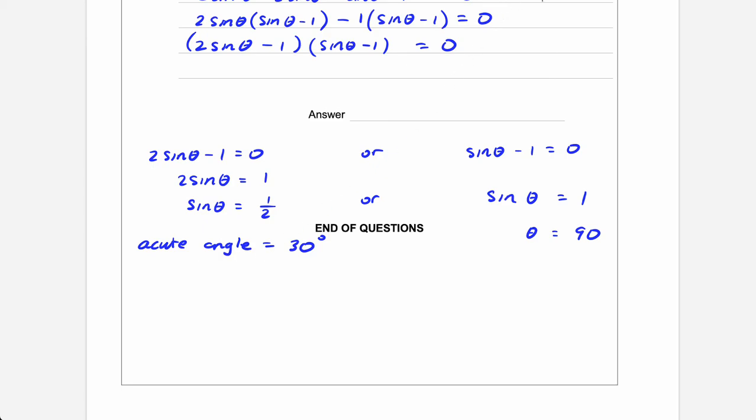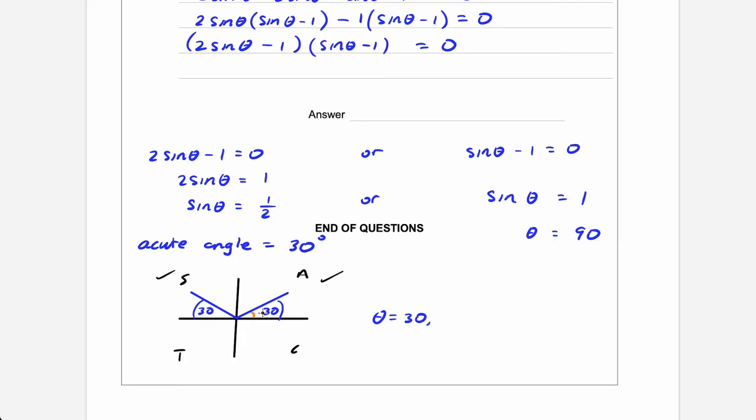And for this one, I like to do my CAST diagram. So a very quick C-A-S-T. Sine is positive, so it's in this quadrant and this quadrant. 30 degrees is here. This is 30. And then this one over here, the acute angle here must be 30, which means theta is equal to 30, and this one is 150.